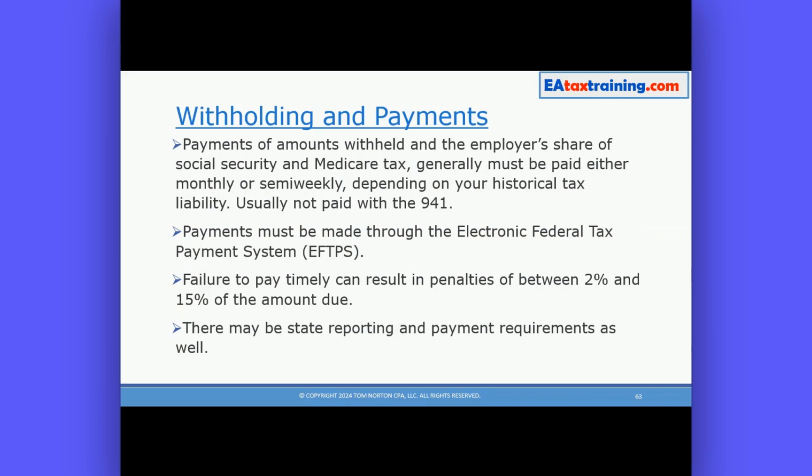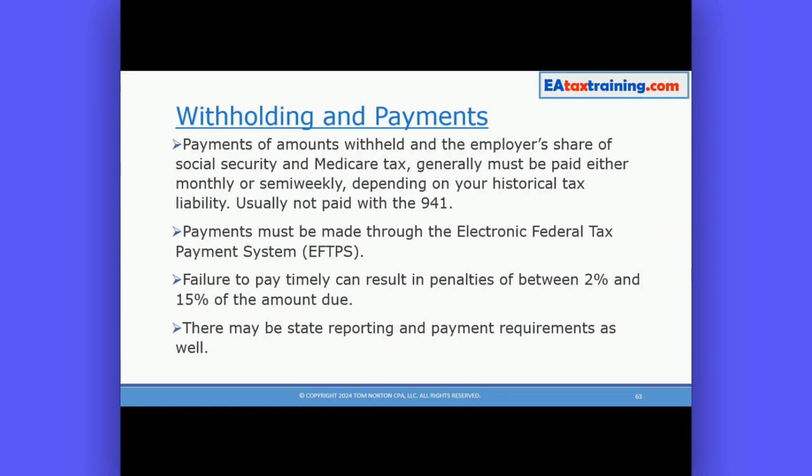The payments for the amounts that are due, they have to be paid more frequently than that. You must remit that money over to the IRS either monthly or semi-weekly, depending on your historical tax liability. So it's usually not paid with the 941. The 941 reports it, but the amounts paid are paid prior to the 941 being filed.